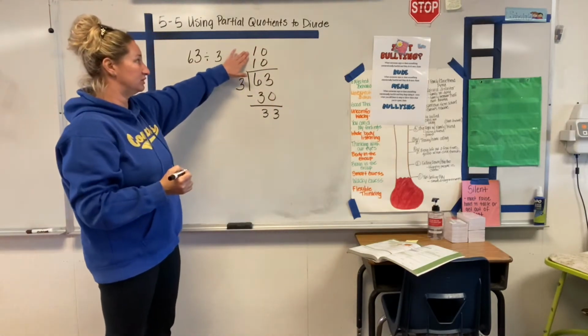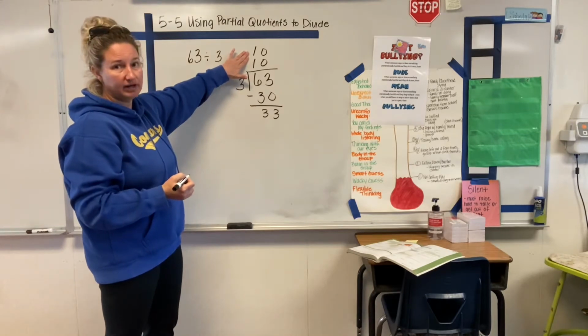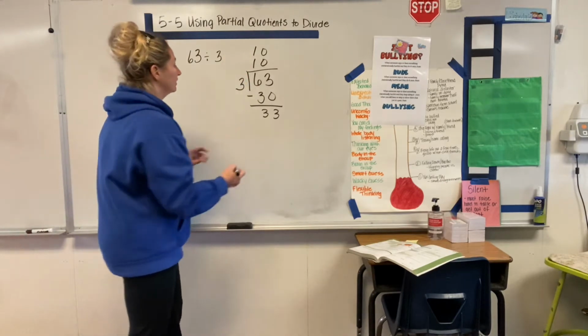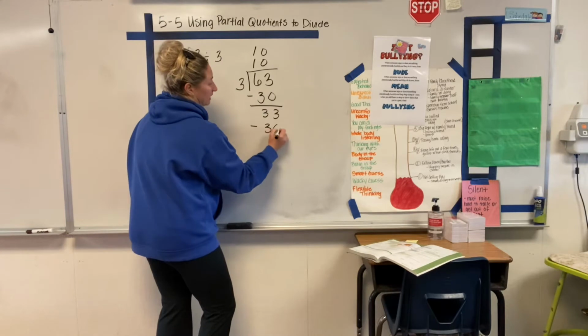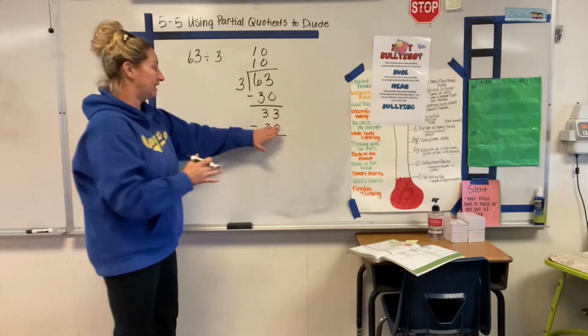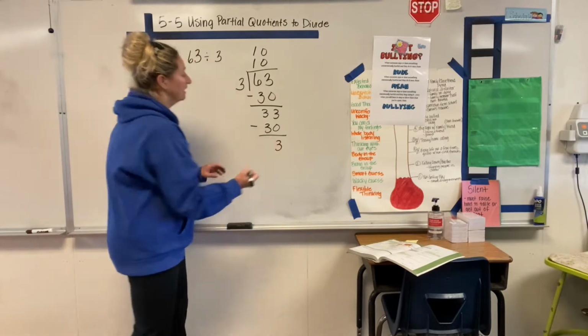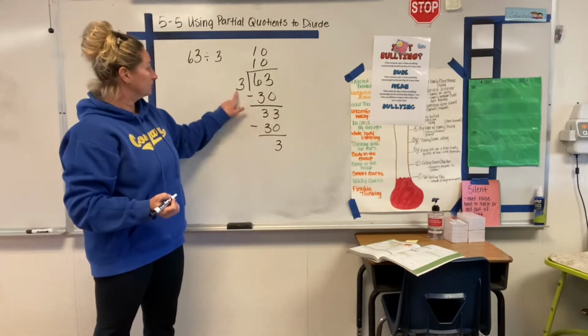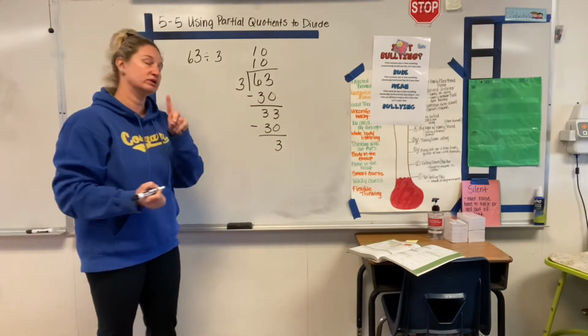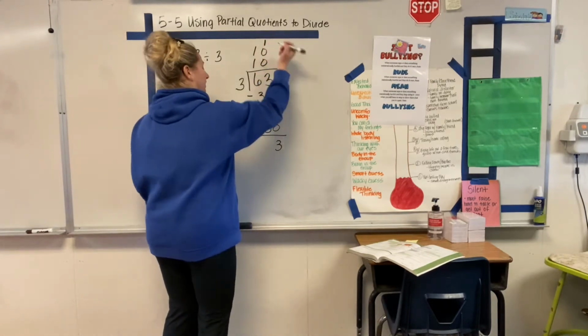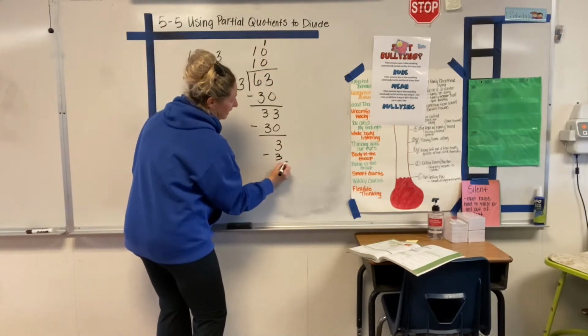Okay, this is where I'm keeping track of my partial products up on the top. And so it goes in another 10 times. That's 30. So then I'll take that 30 away from the 33. All right, and I have 3 left. And then I say, oh, look, 3 goes into 3 one more time. So I'm going to put a 1 up here, minus 3, I get a 0.